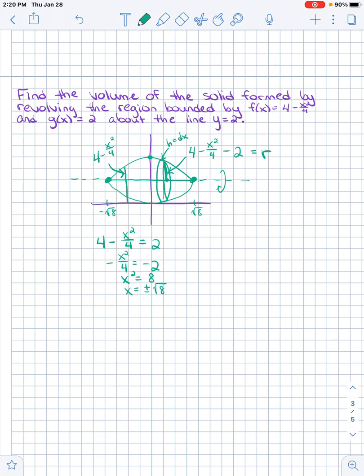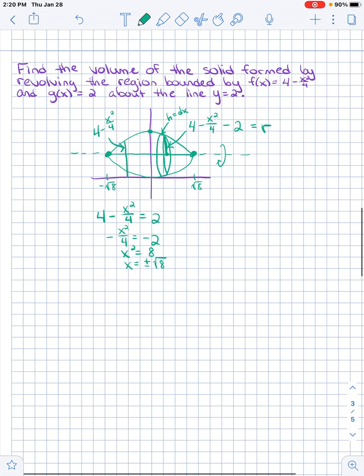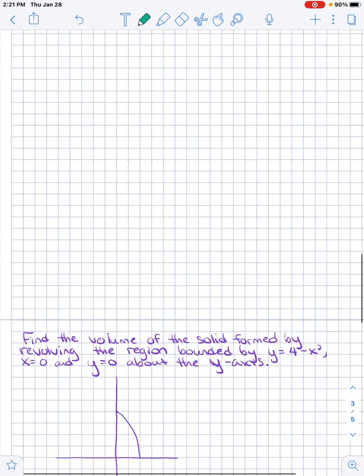Remember, that's how we did the area between curves. All right, so we've got all the information we need now. We can integrate from negative square root of 8 to positive square root of 8, of pi times the radius, 2 minus x squared over 4, squared, times the height, which is dx. Same as the last one, you can multiply this out and then integrate from there.